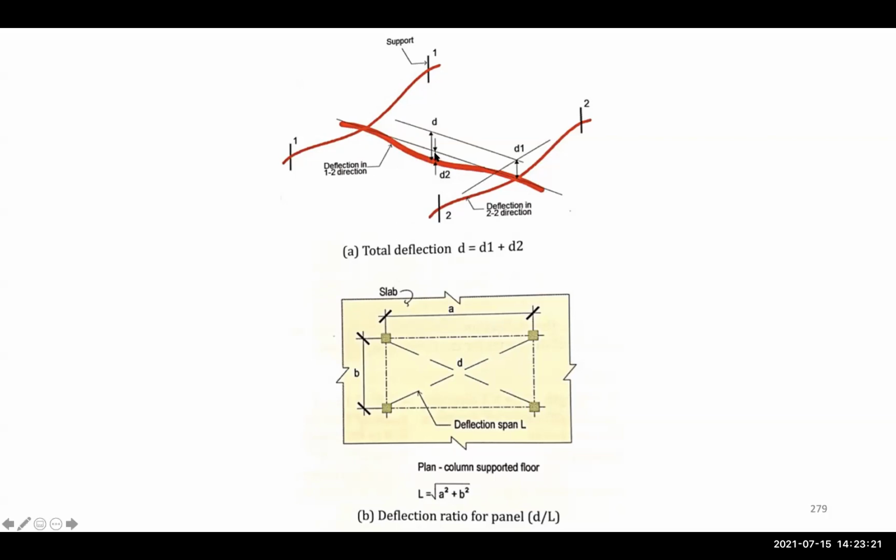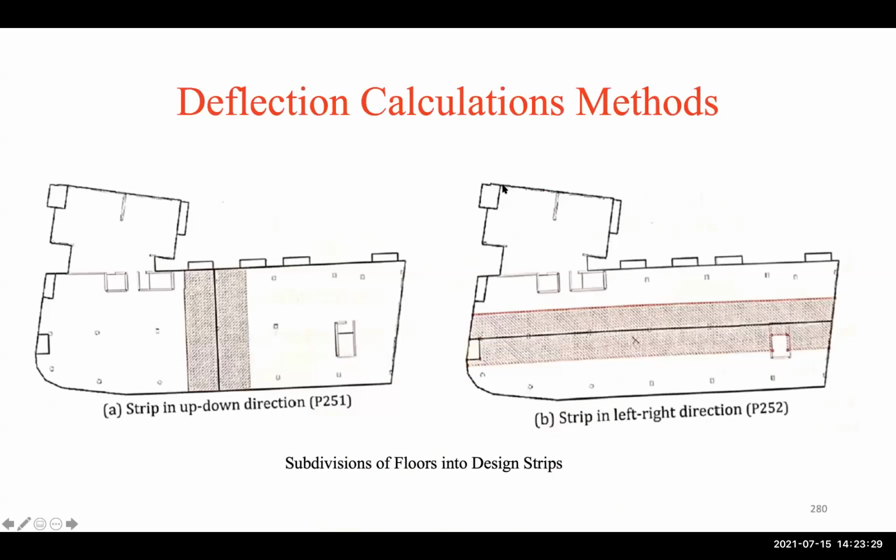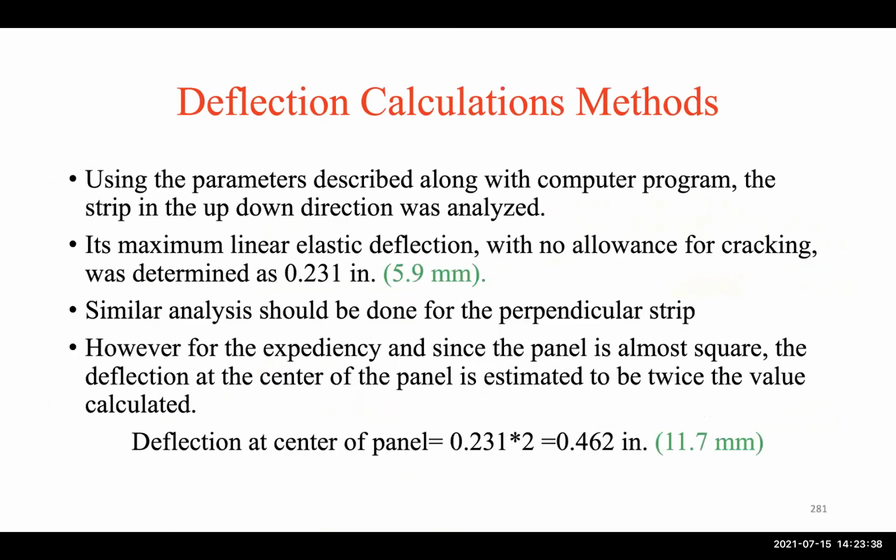So we have to consider the total deflection coming from this side and from the other side. This is how we take a strip and check the deflection. Using this, we determine the deflection at the center of the panel.